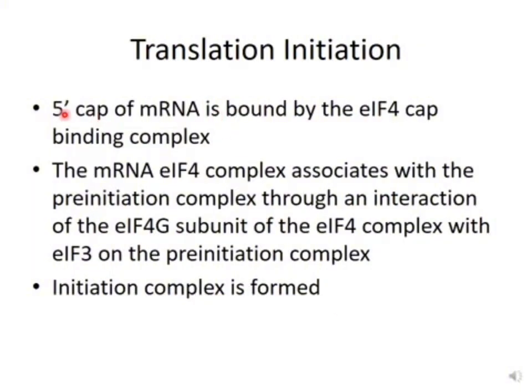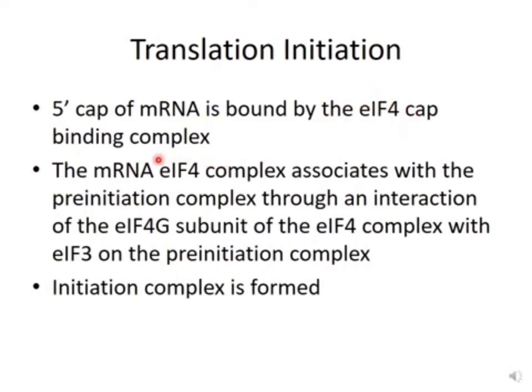The 5' cap end of the mRNA, as we remember, there's a 3' end to the mRNA and the 5' end to the mRNA. The 5' end of the mRNA is usually bound to another initiation factor, which is called the EIF4.